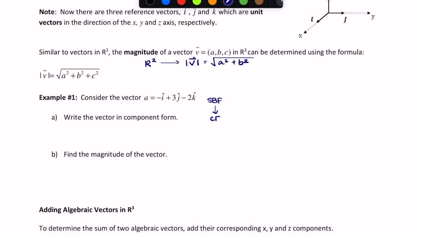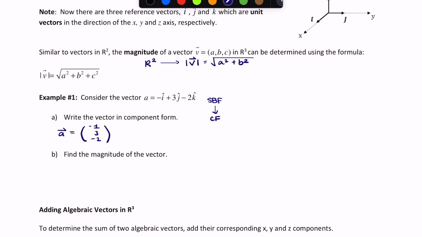We look at the scalar in front of each of these unit vectors. In front of i it's -1, in front of j it's 3, and in front of k it's -2. It means our x value is -1, our y value is 3, and our z value is -2.